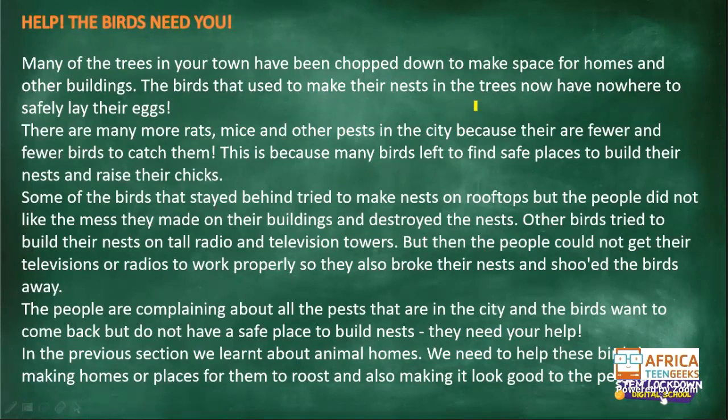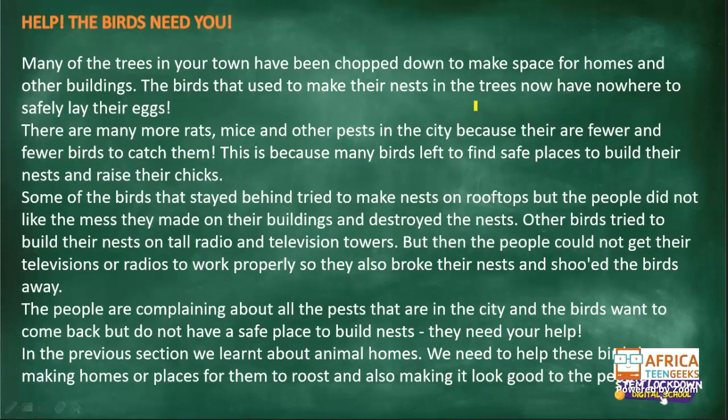So now the birds that used to be there have nowhere that they can lay their eggs safely. And because the birds are not there, there are a lot more pests in the city. Because if there are no birds to catch them, then they just multiply. Because a lot of birds have now left to go make their homes somewhere else.